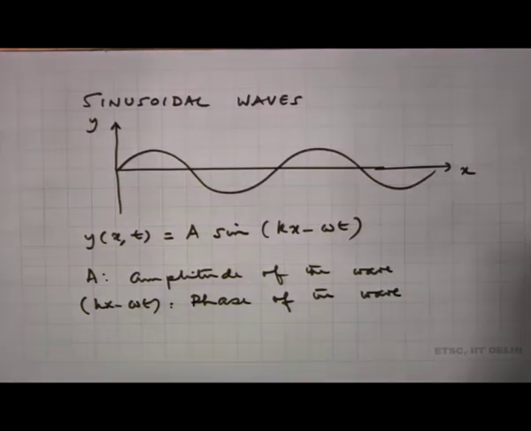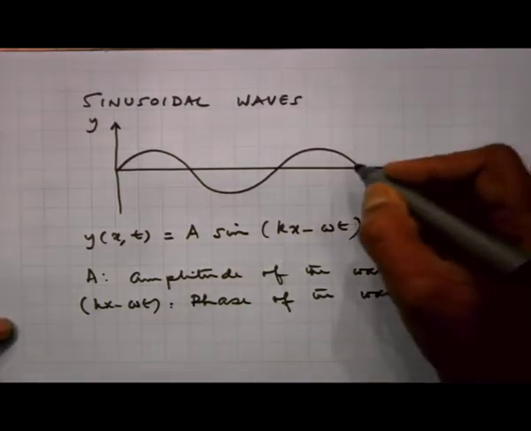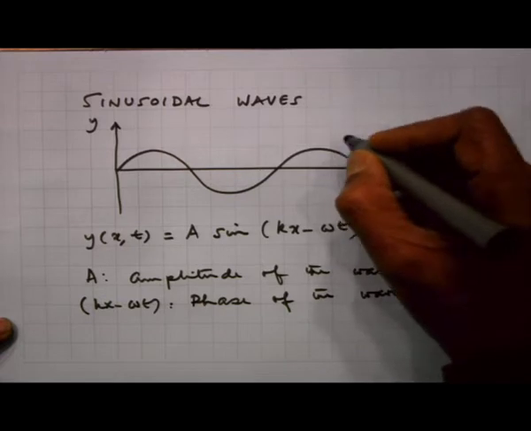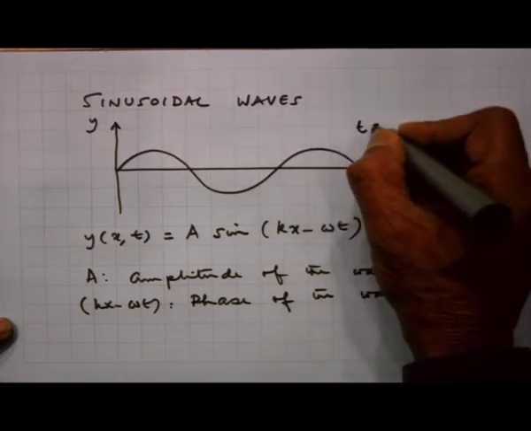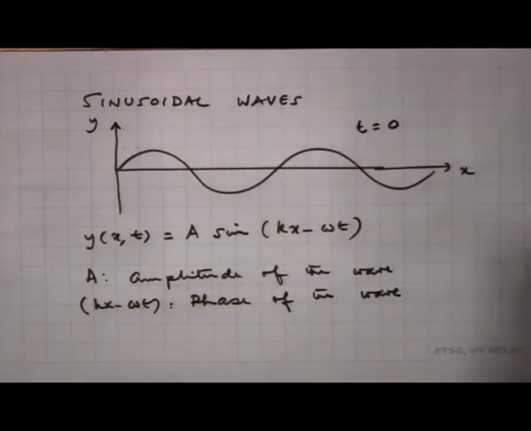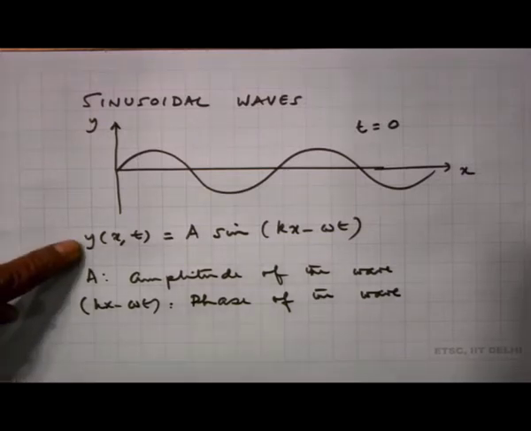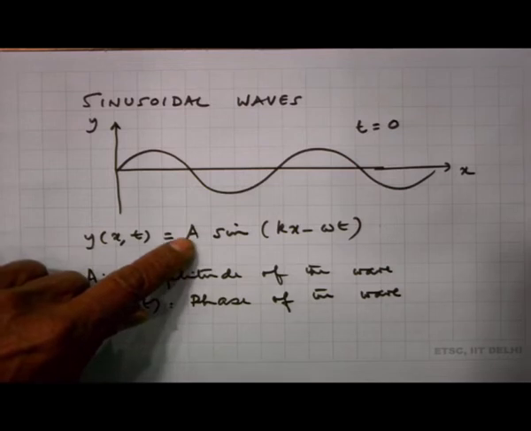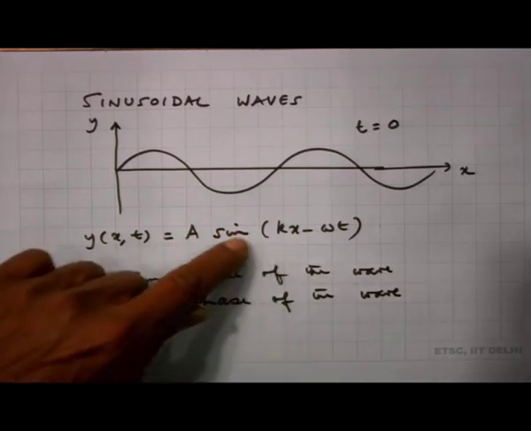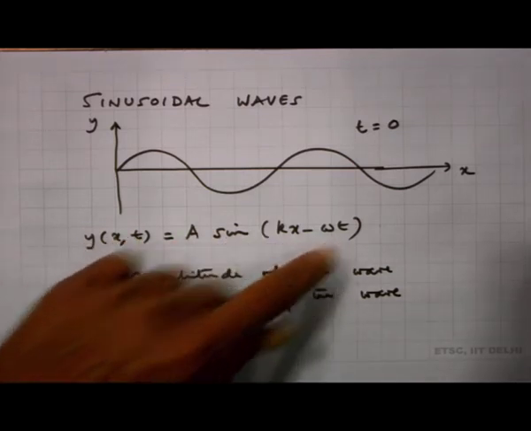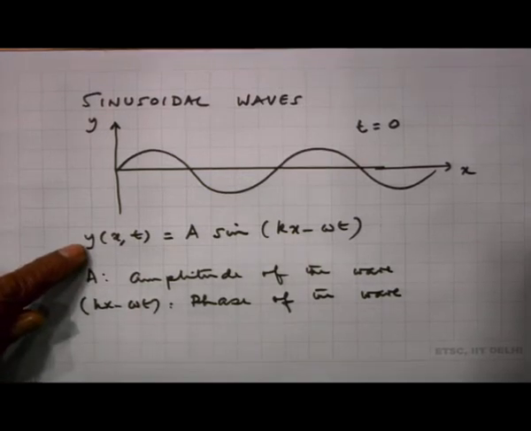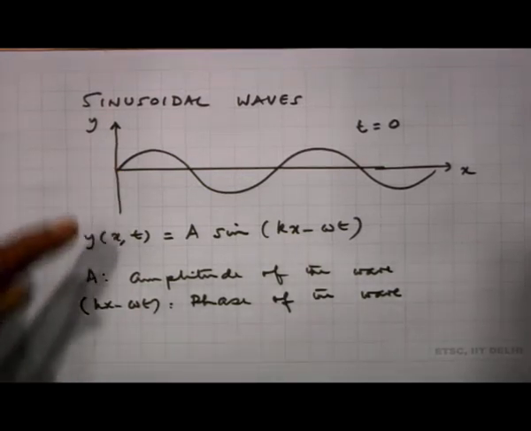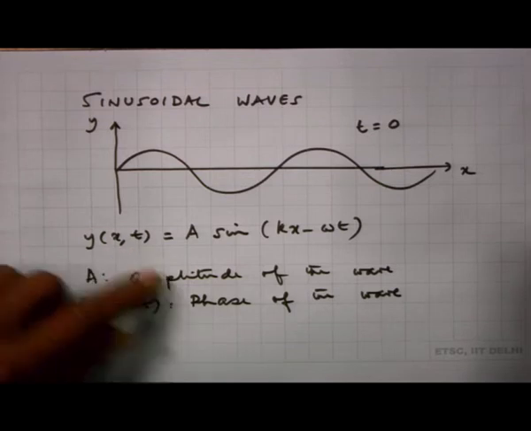Let me explain: what I have drawn is the shape of a string at some instant of time, say t equal to 0. So, this represents a sinusoidal wave of amplitude A described by a sin(kx - omega t). So, this gives me the displacement of the string from the equilibrium position as a function of space and time.